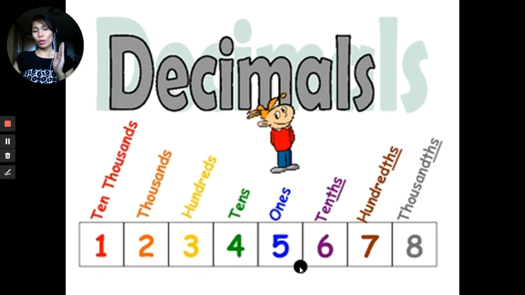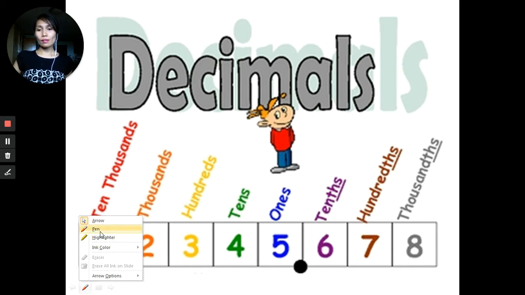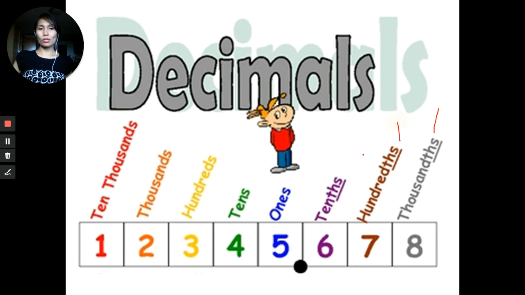So after the decimal point, the first digit is the tenths, the second digit is the hundredths, and the third digit is the thousandths. So here are the three digits after the decimal point that we'll be discussing in this lesson. So don't forget, because we will be using these place values in rounding of numbers.